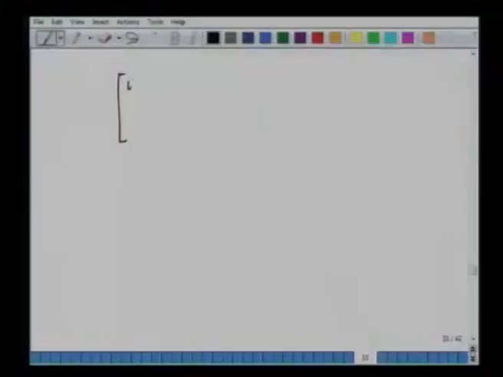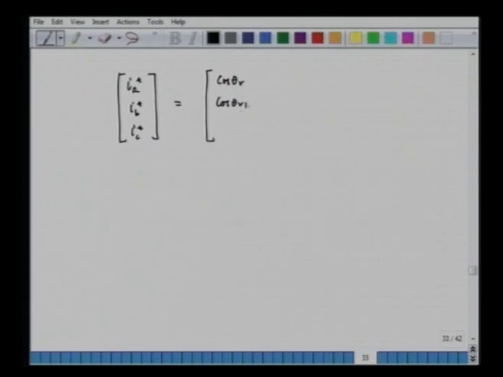So, what we have to obtain is IA star, IB star and IC star, and we obtain that by a transformation involving theta r, with cos theta r1 and cos theta r2, minus sin theta r, minus sin theta r1, minus sin theta r2.